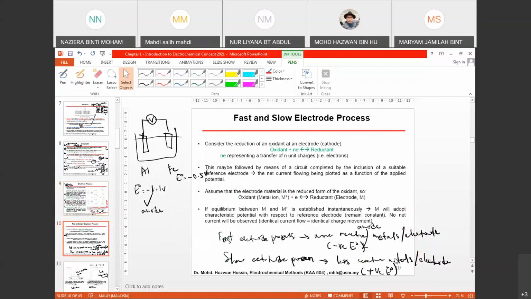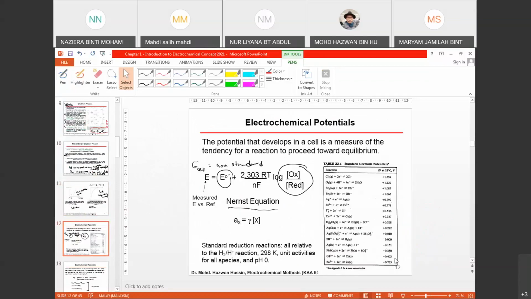Then the formula that we are going to use is known as the Nernst equation. So what does the Nernst equation tell us? The Nernst equation tells you that in any non-standard electrochemical process, the potential is affected by the activity or the concentration of reactant and also product.